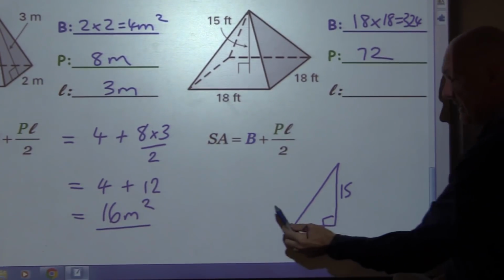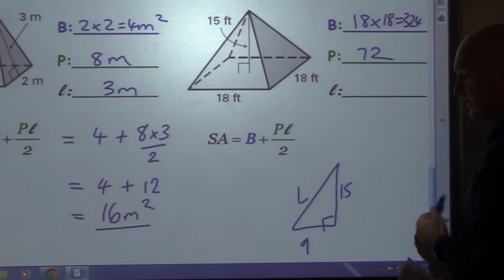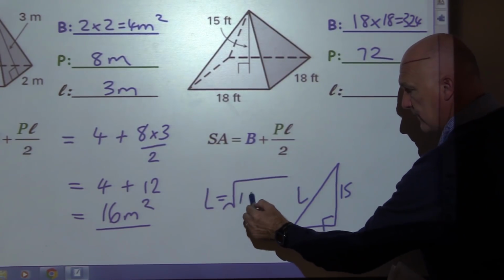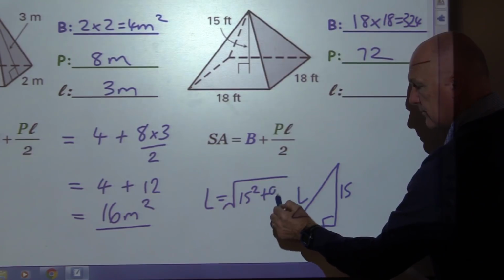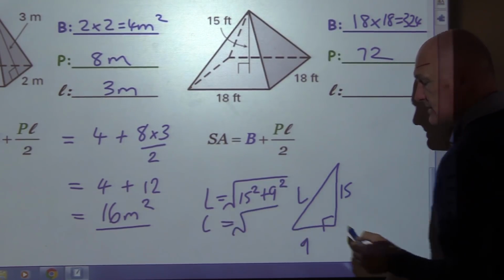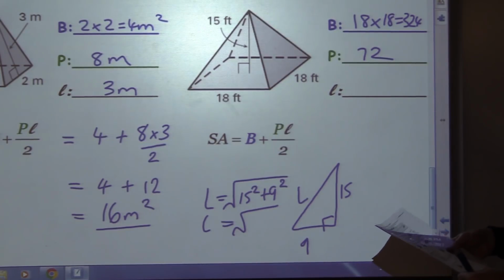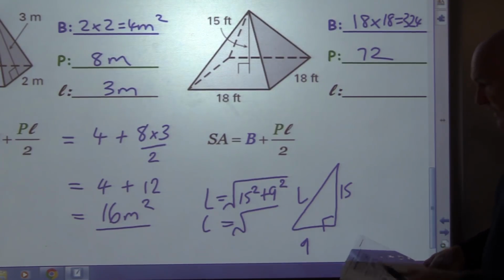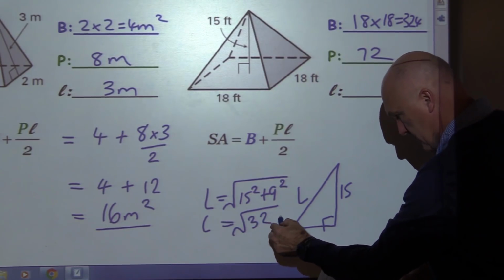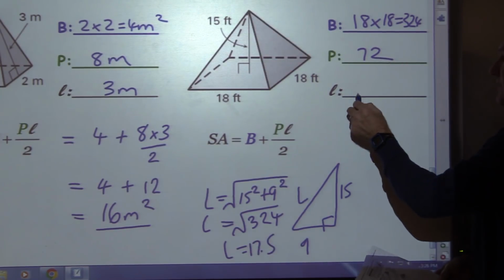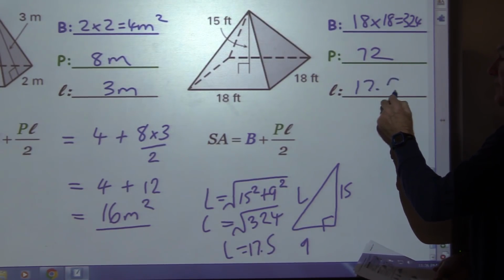When we do L, we need to do L is equal to the square root of 15 squared plus 9 squared, which gives me the square root of 225 plus 81, which is 324, which gives me 17.5. I can now write this one in up here.